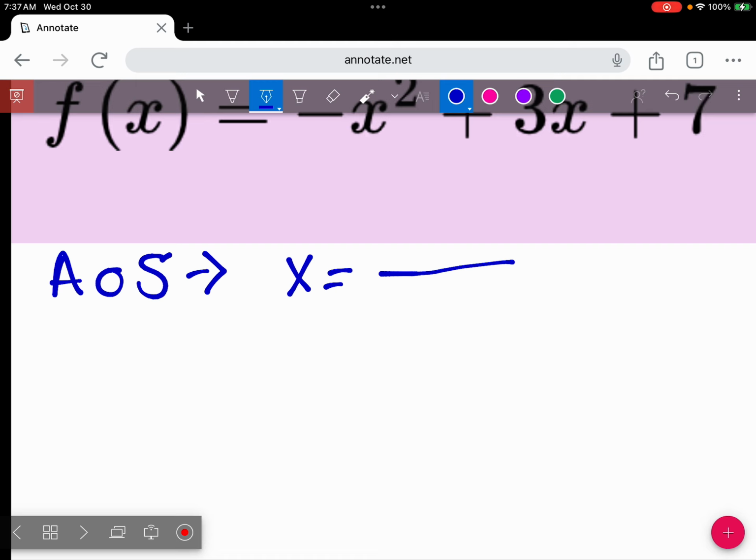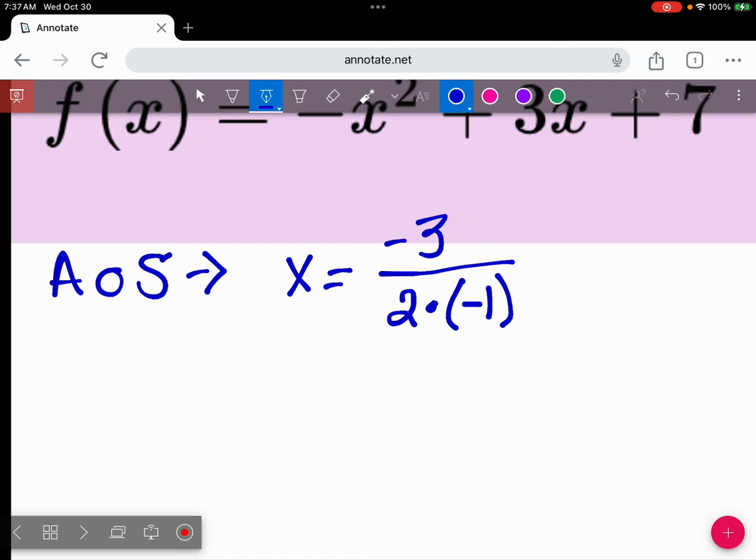How do we set this up? -3. And since it's technically a 1 in front of the x squared, it would just turn into a -1 in front of the x squared, so the 2 times a becomes negative. Yes. So we've got our -3 over 2 times -1.